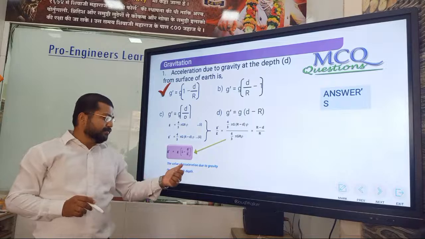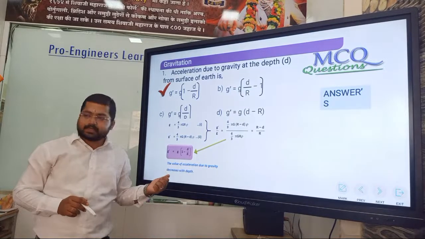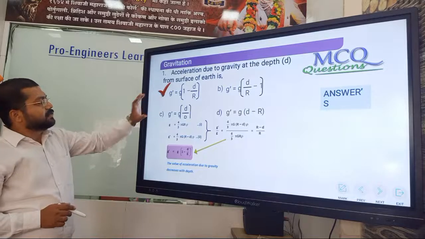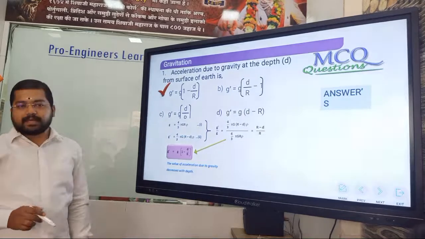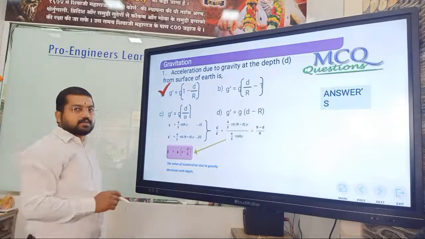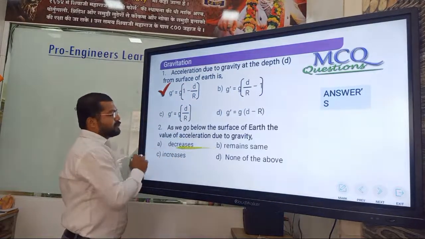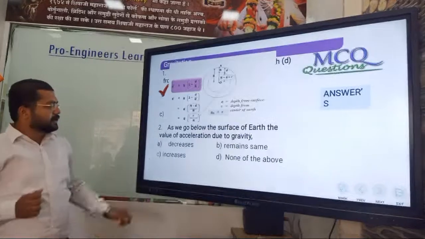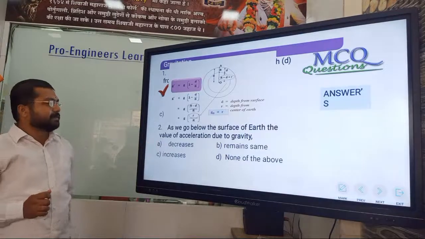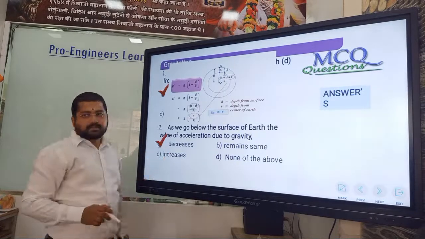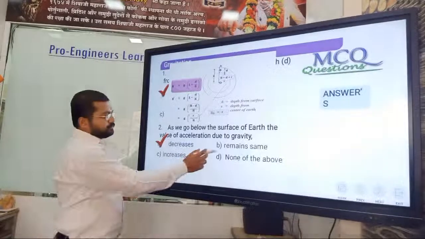That is, the value of acceleration due to gravity decreases with depth. And the correct answer is G dash is equal to G into 1 minus D upon R. So option A is the correct answer. For the second question, as we go below the surface of the Earth, the value of acceleration due to gravity decreases. Right? Yes.